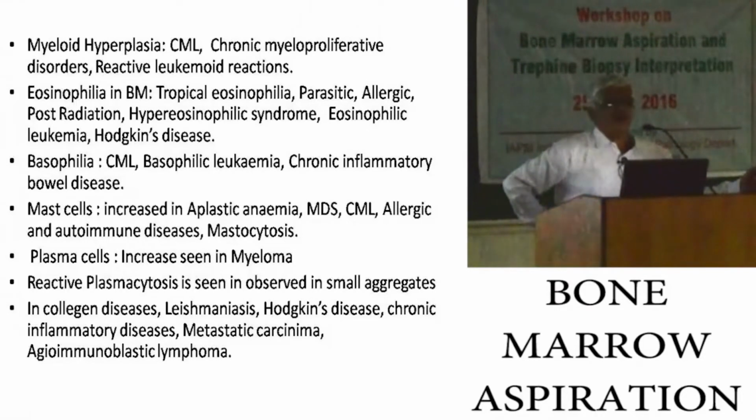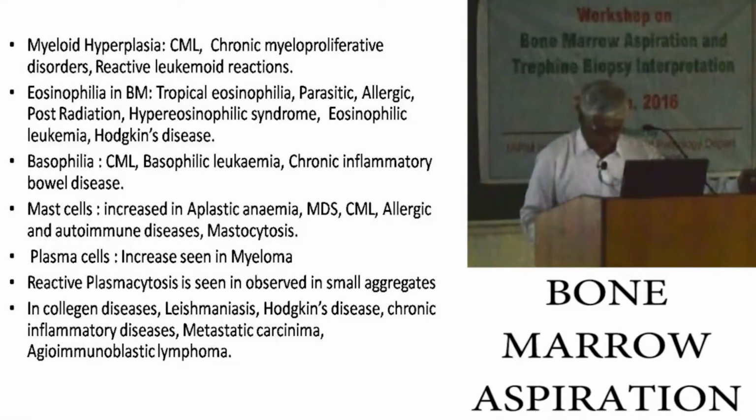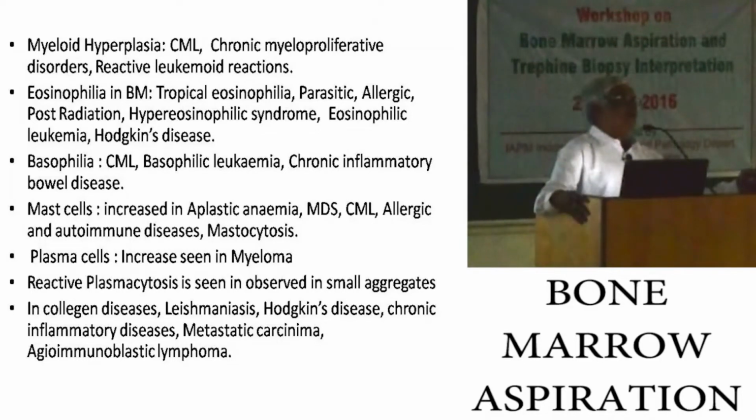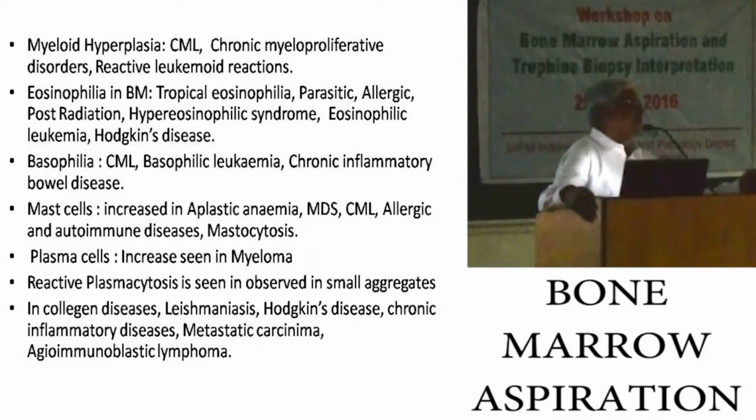Then another thing, any increase in the plasma cells, about 30%, now the standards have changed, is taken as myeloma. No. I have seen reactive plasmacytosis going up to 40% misdiagnosed as a plasmacytoma.